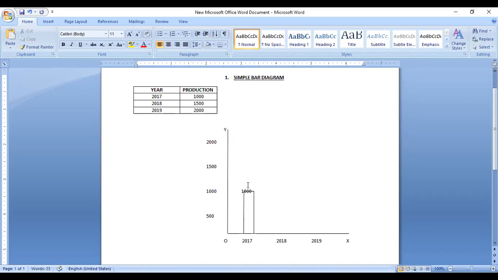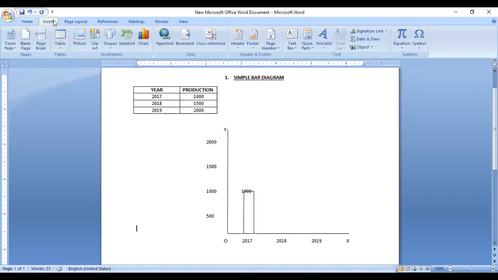Okay. Now in the year 2018 1500 units are produced.